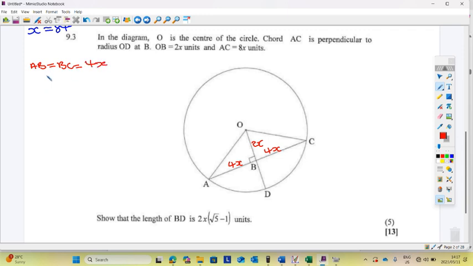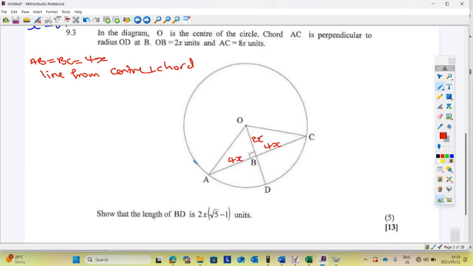And reason for that, line from the center perpendicular to chord. So you should notice that we now have a triangle that has this side and this side, and we can look for the hypotenuse. All right.